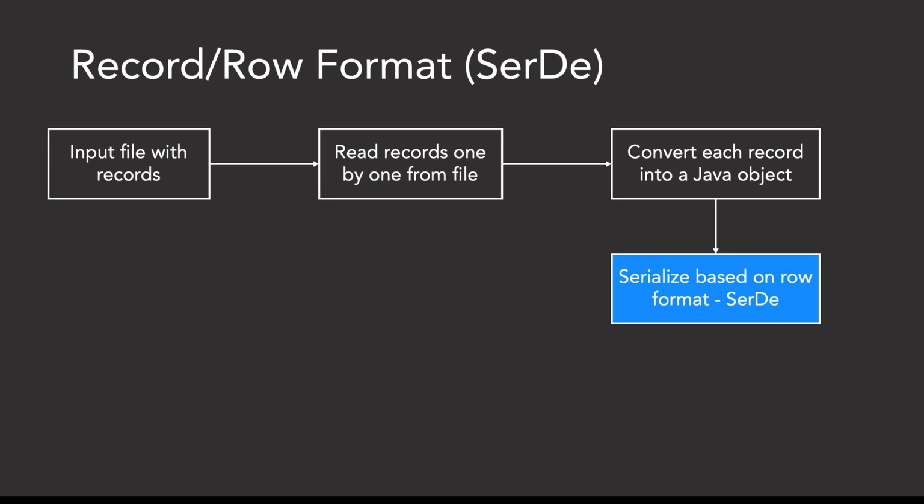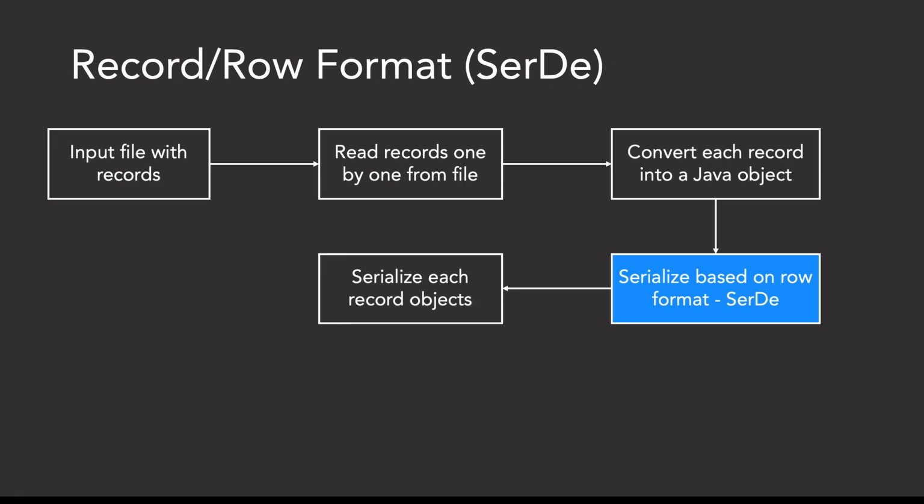So after that, as it is a Java object, we need to serialize it based on the row format that we mentioned. So this is where the SerDe comes into the picture. This serialization is done for each and every record object that is there in the file, and then the record is written to a Hive table.